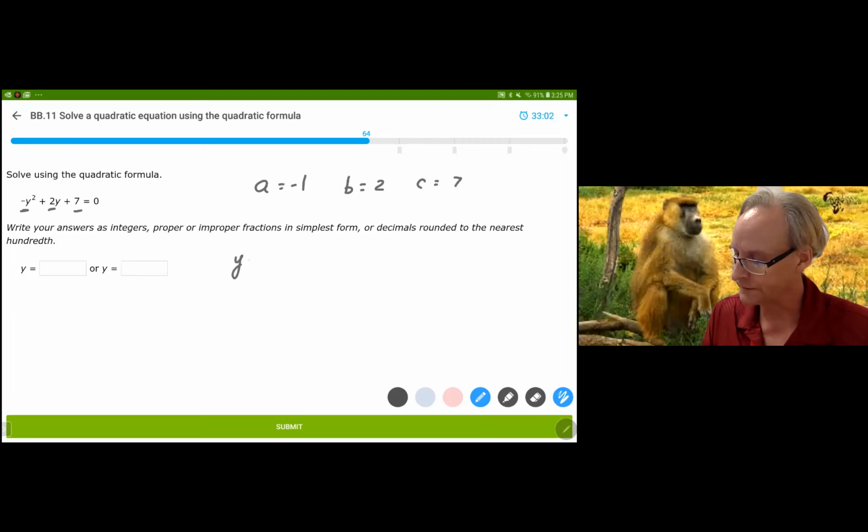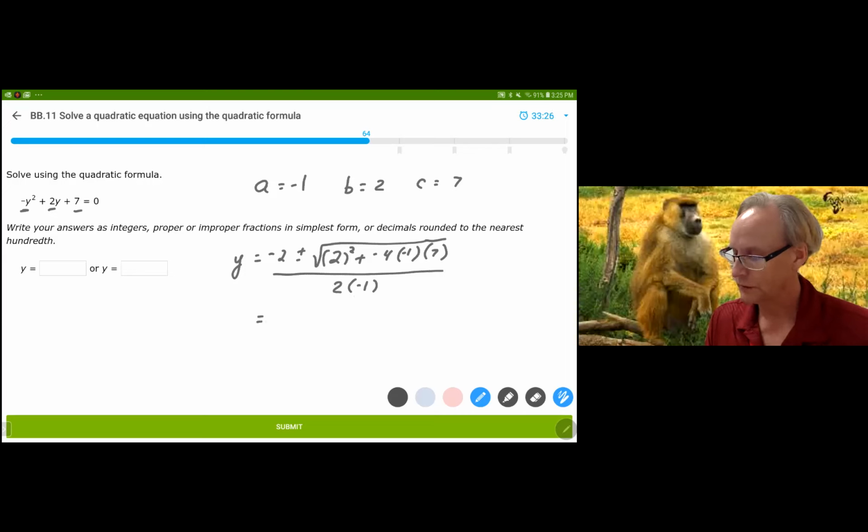My y in this case is equal to -b plus or minus the square root of b squared plus -4 times a times c, all over, and I should put parentheses, 2 times -1. And we're going to get -2 plus or minus the square root of 4 and 28, which is 32, all over -2. And we're going to get two answers.